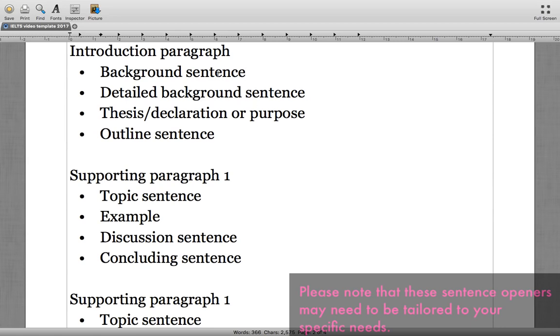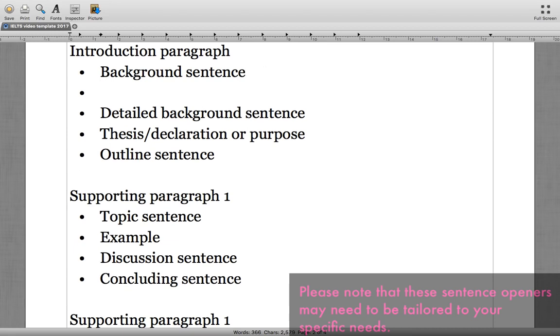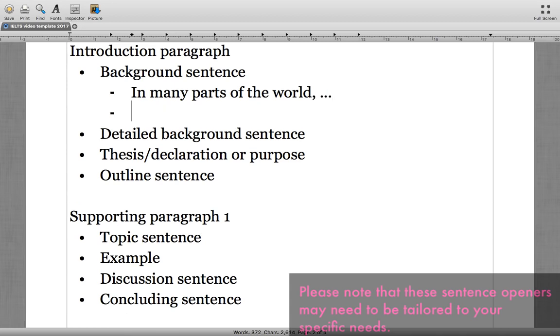So in the opening sentence, you want to be a bit broad. You're trying to entice the reader, you're trying to interest them, and you might start the sentence with something like, in many parts of the world, or perhaps it is common today.